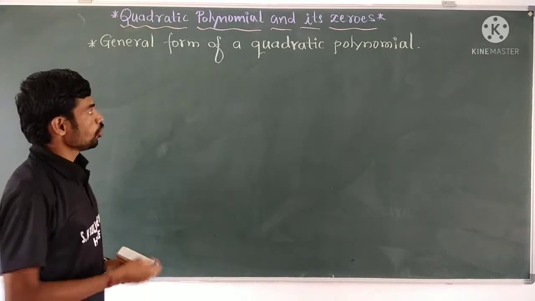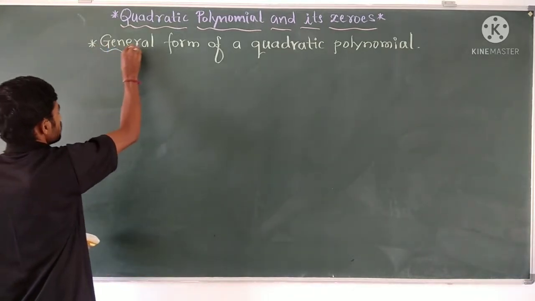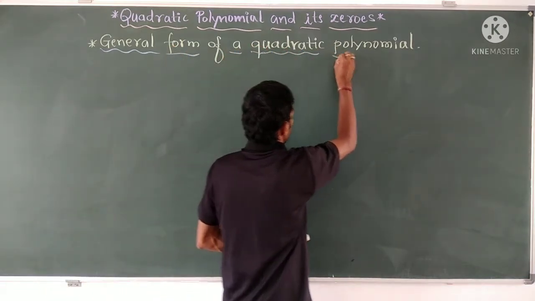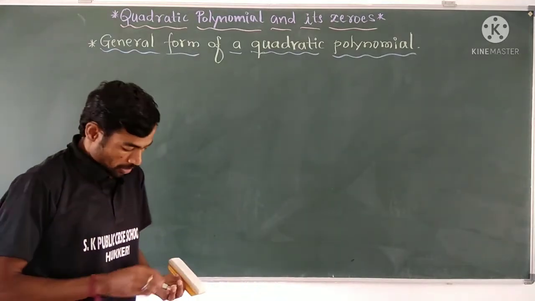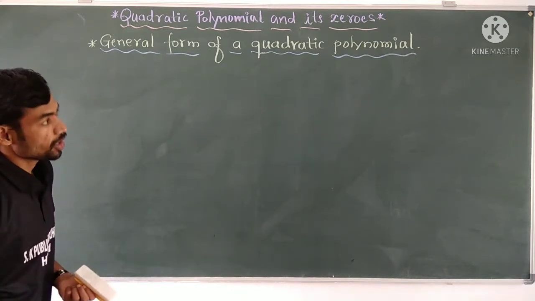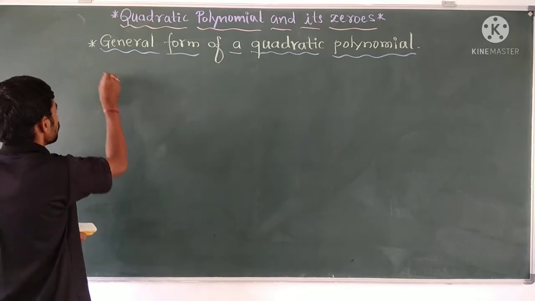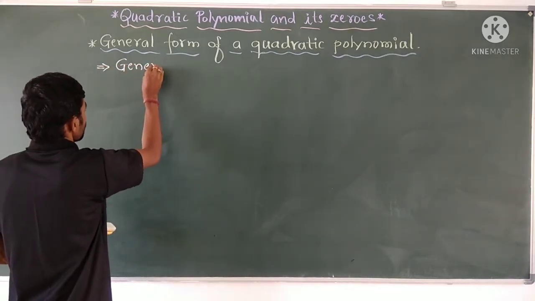In a linear polynomial, the general form we discussed is p(x) = ax + b. But here we have to see the general form of the quadratic polynomial in the variable x.